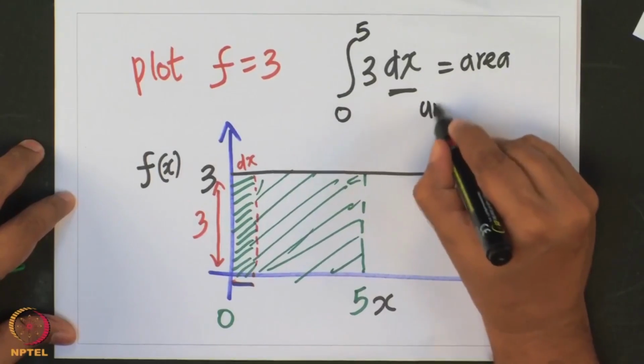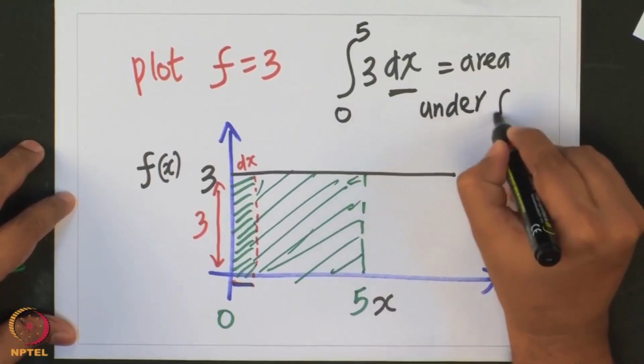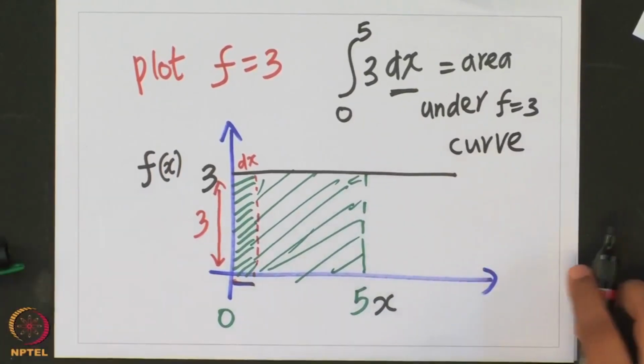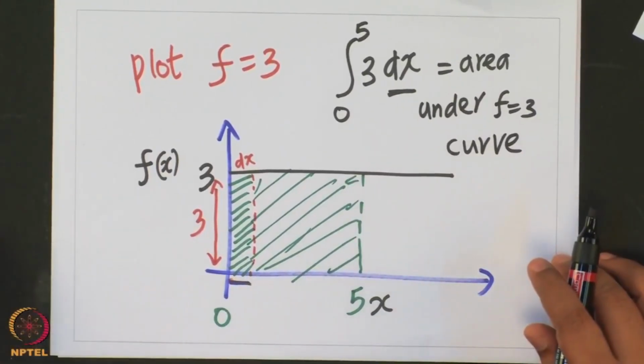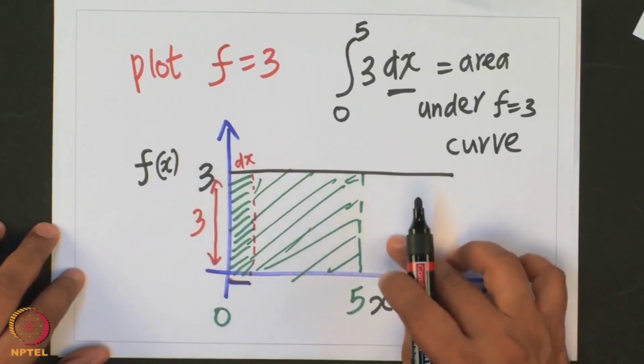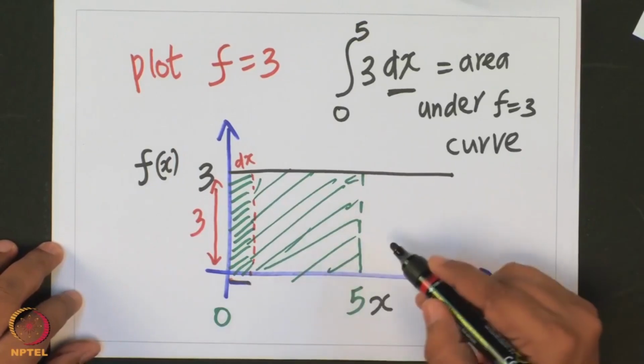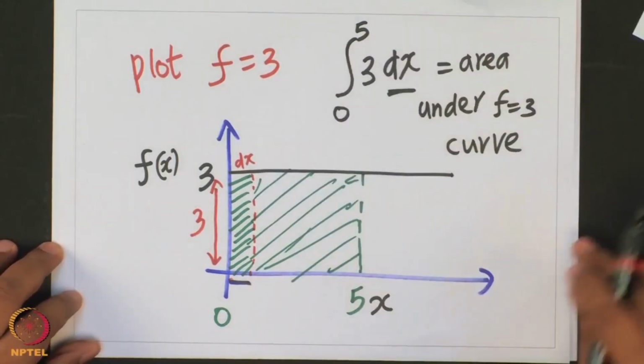The claim here is that if we integrate this function f from 0 to 5 and calculate the area under this, it will be the answer for this integral.